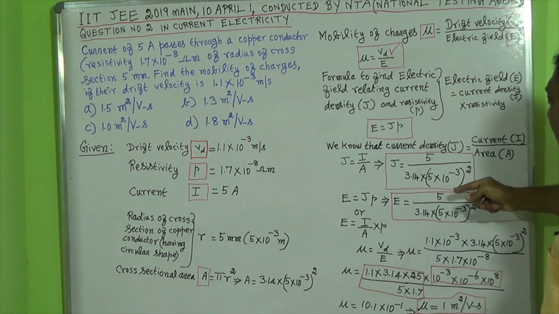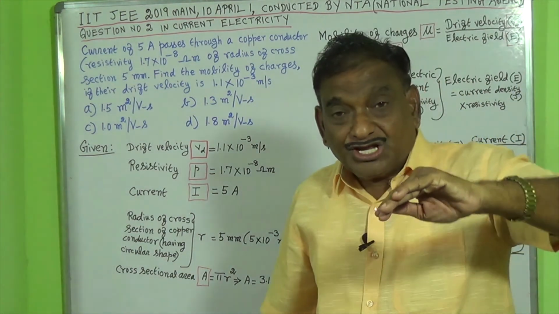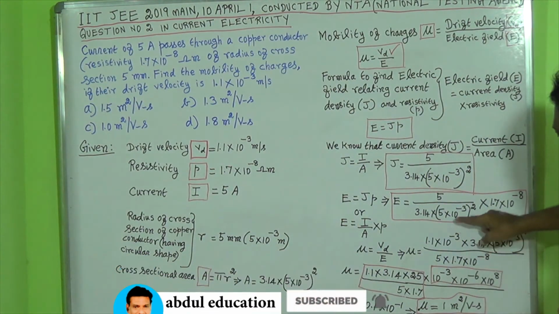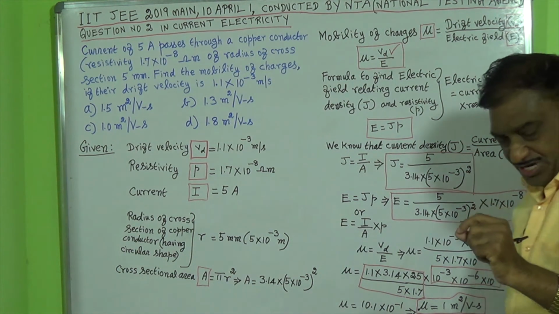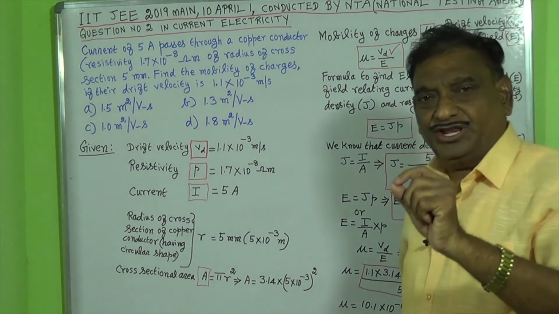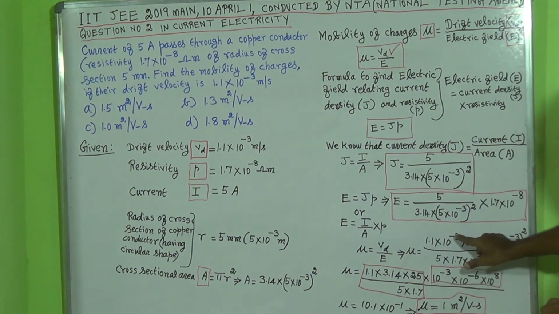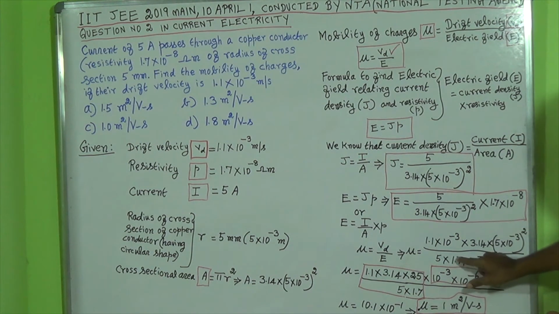Since the fraction comes as denominator, on reciprocating, this denominator will come to the numerator, so that we will get the equation for mobility of the charges as 1.1 into 10 to the power of minus 3 into 3.14 into 5 into 10 to the power of minus 3 the whole square by 5 into 1.7 into 10 to the power of minus 8.